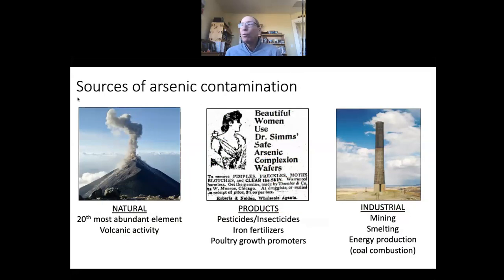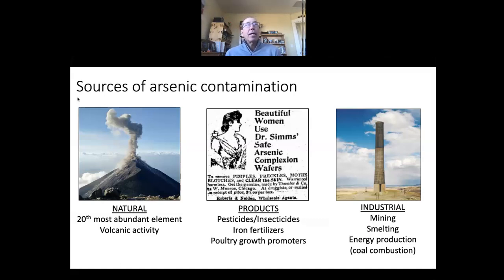So you might be asking, well, where's this arsenic coming from? Well, some of it is natural. So it's the 20th most abundant element in volcanic activity. And as you know, there is a fair amount of volcanic activity, or historically has been, in our area. It's also used in products.